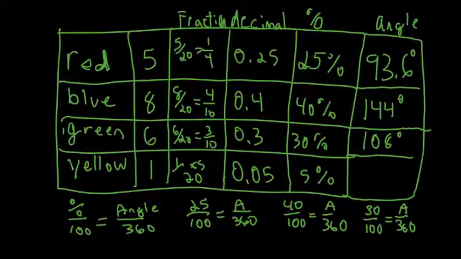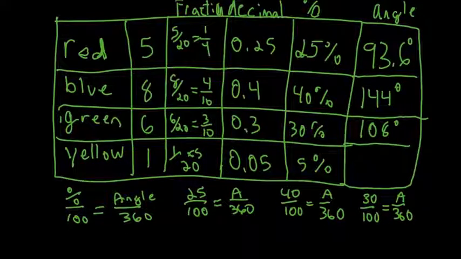And then the last one would be 5 over 100 equals angle over 360. So you do 360 times 5 and then divide that by 100 to get 18.